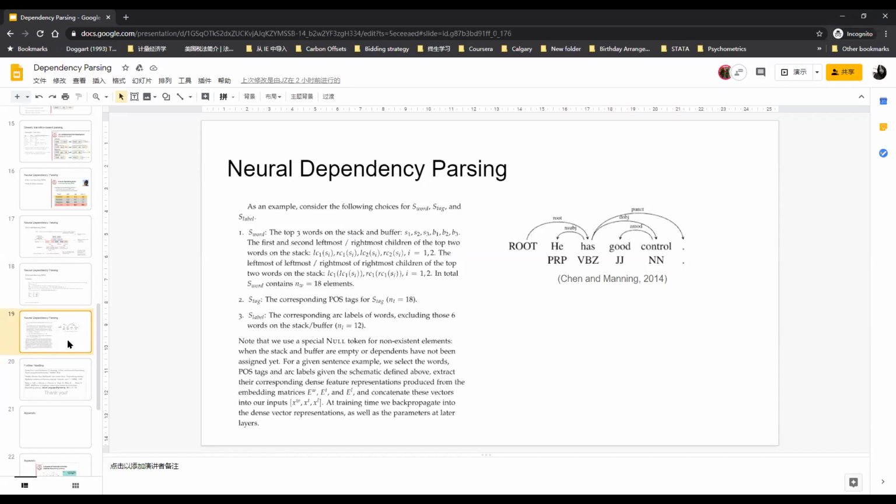So we just throw in a lot of features and get the neural network to tell us what to do. These features change the long and sparse one-hot encodings of the words and other things into dense feature representations. That's why these features are so complex.